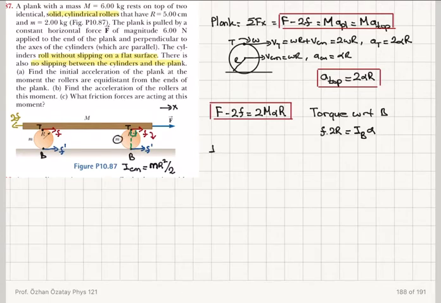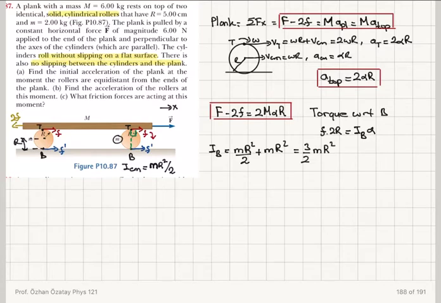This is small m r squared over 2 because that's the mass of the cylinder. The moment of inertia for point B is small m r squared over 2 plus small m r squared, because that's the distance between the two axes.